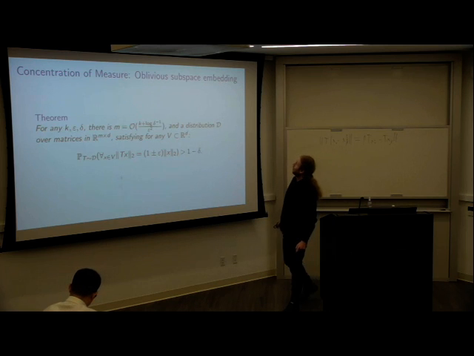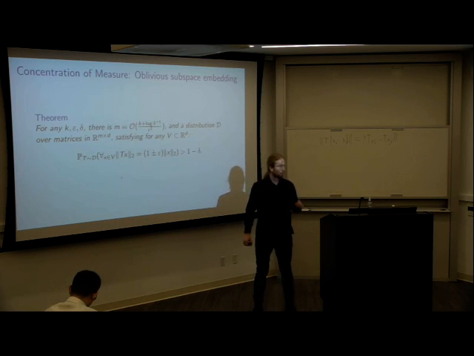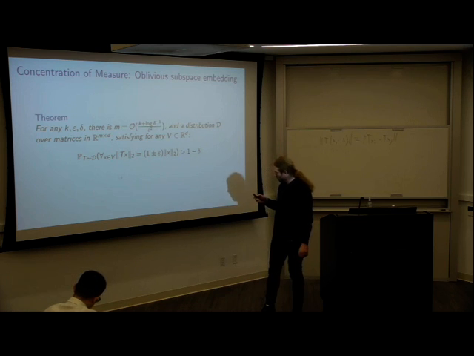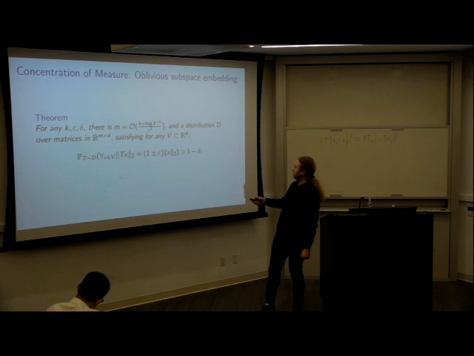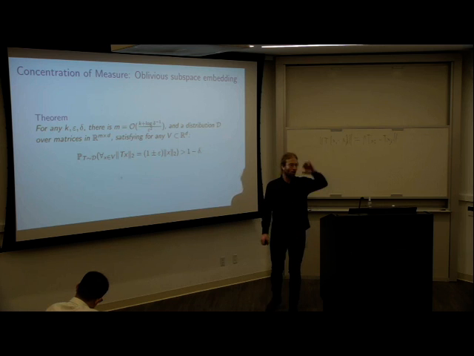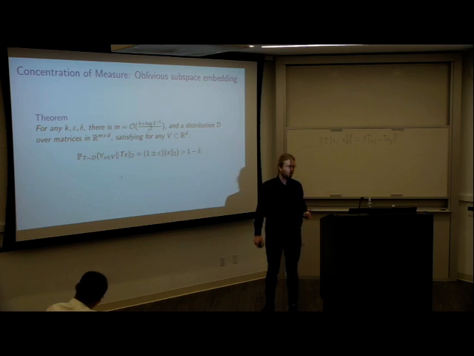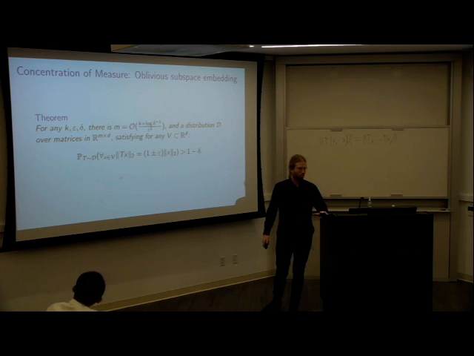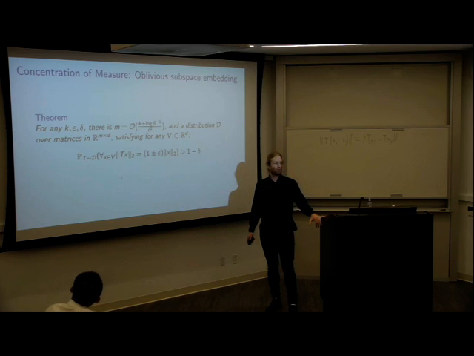So in this talk we will prove another result that is kind of similar to this Johnson-Lindenstrauss business. Let's say that I have three parameters, k, epsilon, and delta, and I have this high-dimensional space, and there is some k-dimensional low-dimensional subspace sitting there, for k much smaller than d.